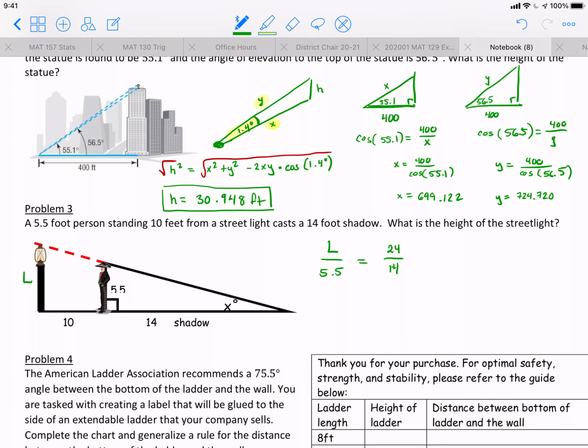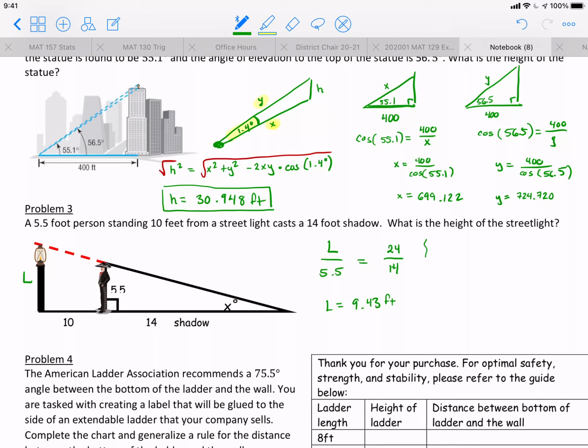So actually we could just set up these ratios with similar triangles. Do it that way. And that lamppost is, what is it? 24 times 5.5 divided by 14. 9.43 feet.